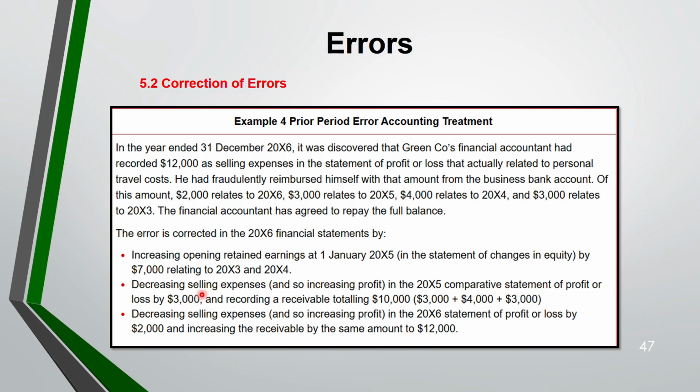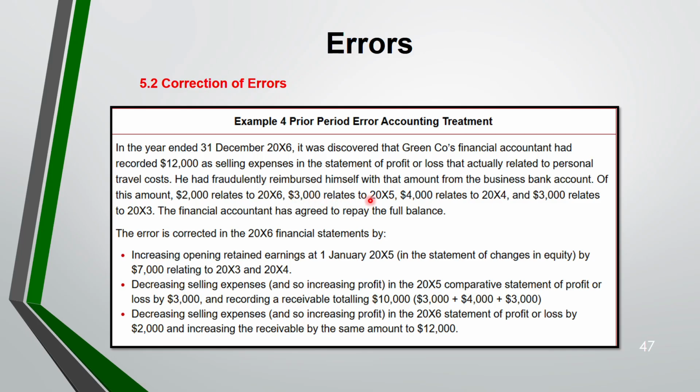And how much? In 2005, see, you need the figure. How much is in 2005? 3,000 relates to 2005.